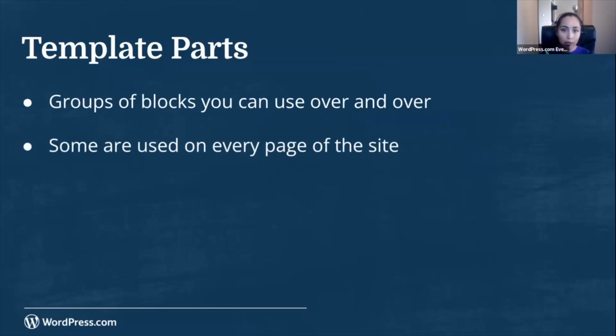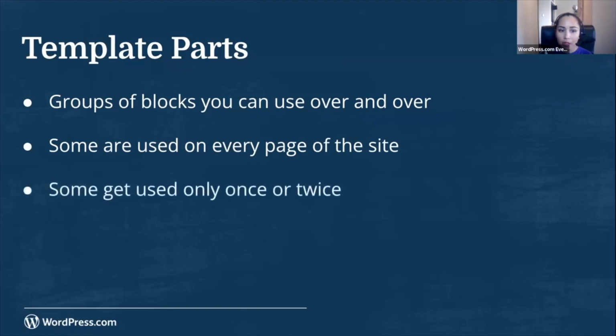So for example, if you have a footer template part, you can use that template part across all your templates, and therefore it will show across all your site. You can use some of these template parts only once or twice. You can create, for example, a sidebar template part and use that template part only in your index template, and that's not going to show anywhere else, but only on that template.